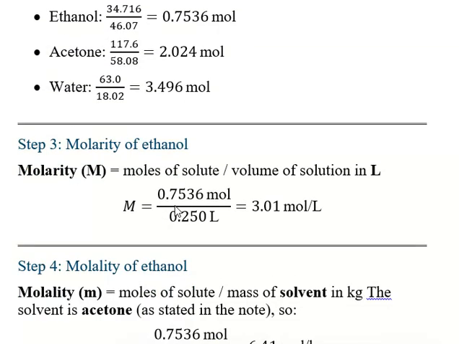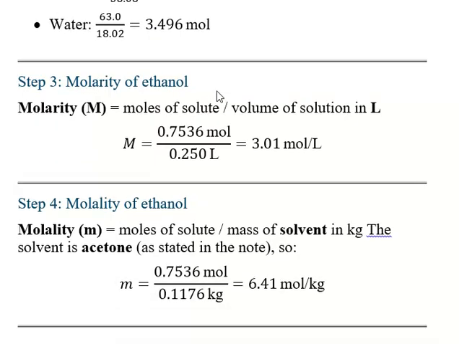Next, all the data which we need we have calculated. Now calculate the molarity. We know that the formula of molarity is very simple: number of moles per liter of solution. Total volume of solution is 250 ml. Change the 250 ml to liter.